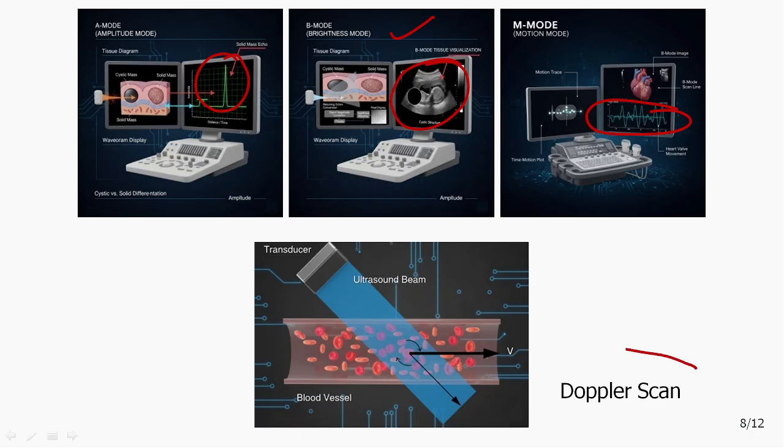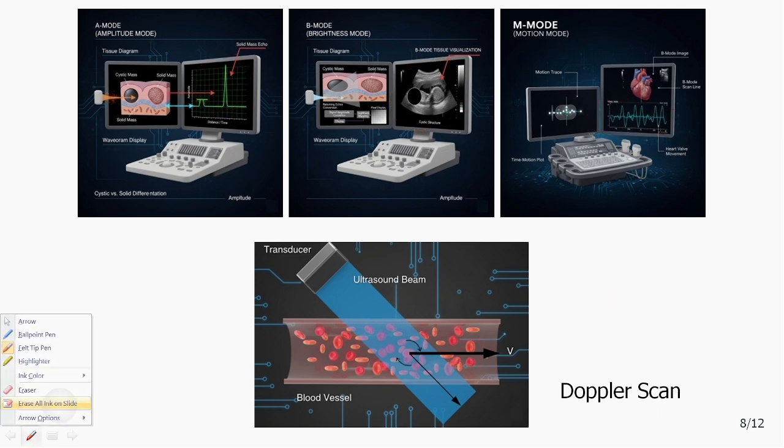Now the next one is your Doppler scan. Doppler scan is used for any moving object and for continuous wave transmission. In this case, the Doppler effect that we have previously studied is useful.